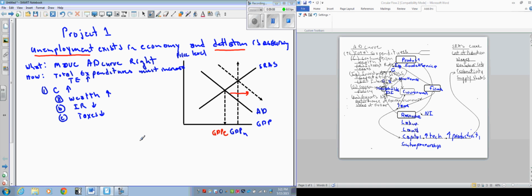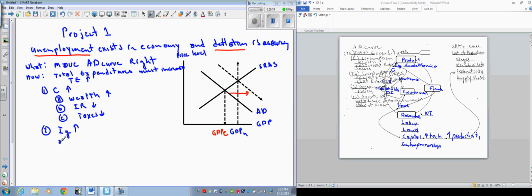Now the second thing, notice taxes go down, consumption goes up, total expenditures go up, AD curve moves to the right. That's how this thing works. The number two thing is that investment gross must go up for total expenditures to go up and AD move to the right.